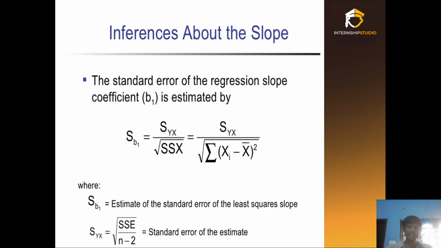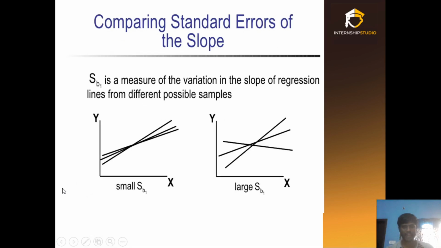You can see the SB1, the standard error with respect to the regression slope coefficient, and how you are going to calculate that. You have SYX divided by the root of SSX. If you do, you are going to get that, and SB1 is nothing but the estimate of the standard error of the least square slope. And SYX is nothing but the standard error of the estimate that you are going to calculate.